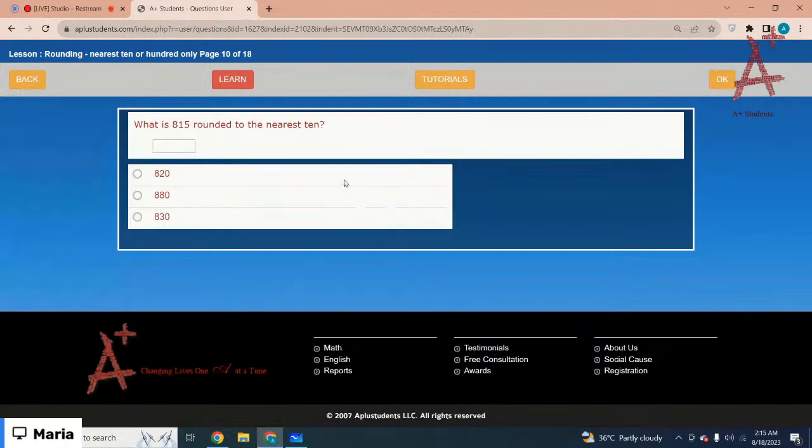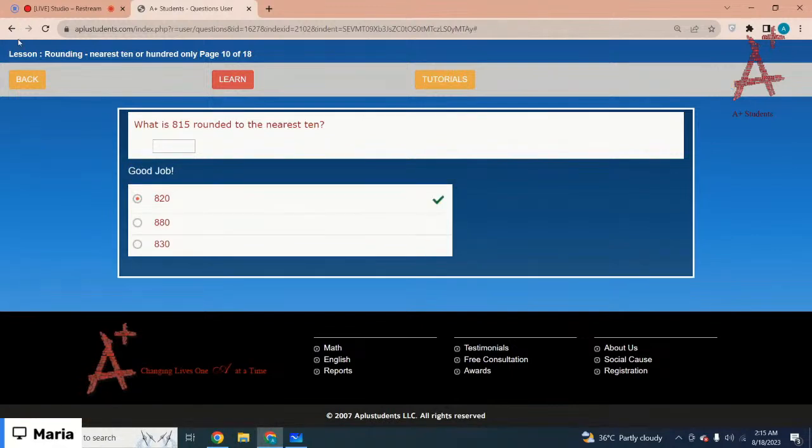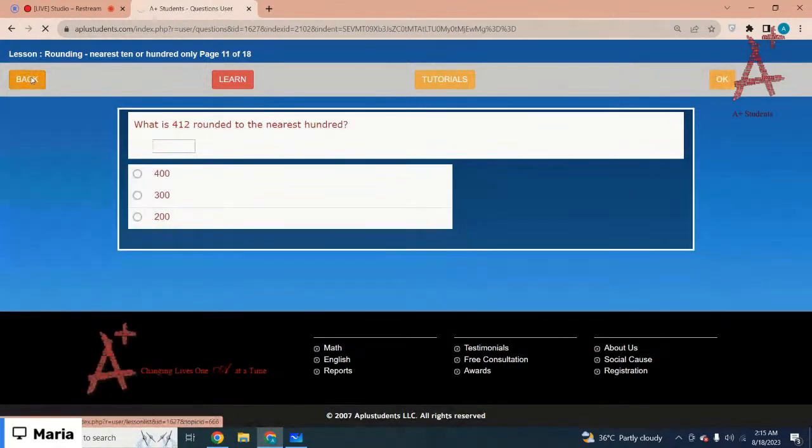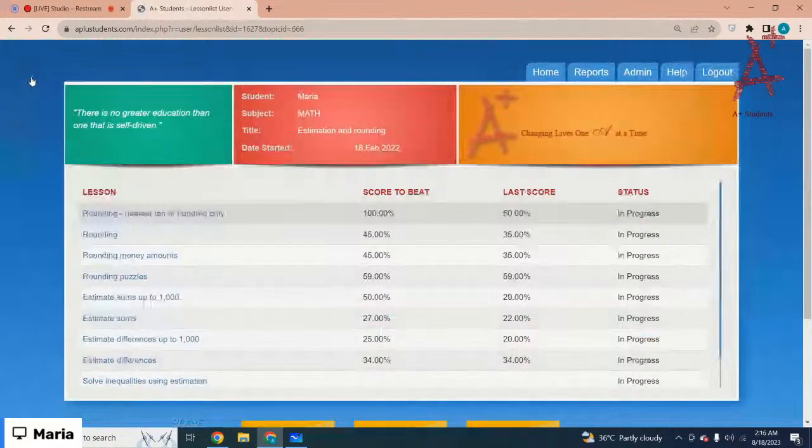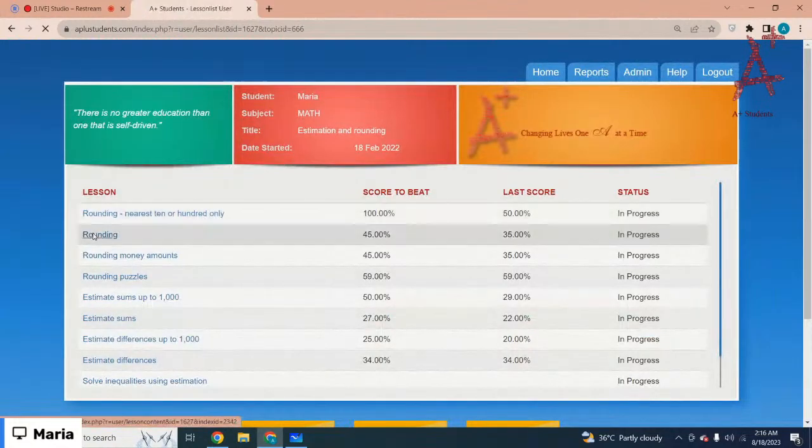It would be rounded off to 820, right? Okay, you can complete the lesson by yourself later today. Let me just move on to the next lesson. And the next lesson is rounding. Let's just start with the next lesson.